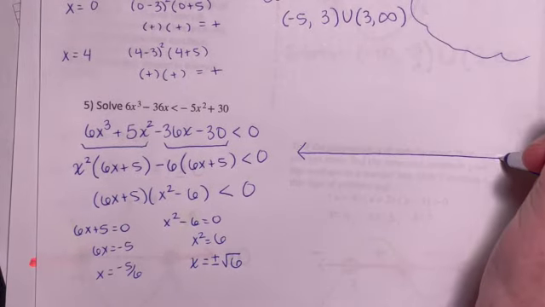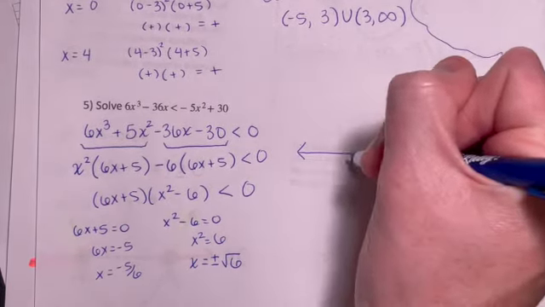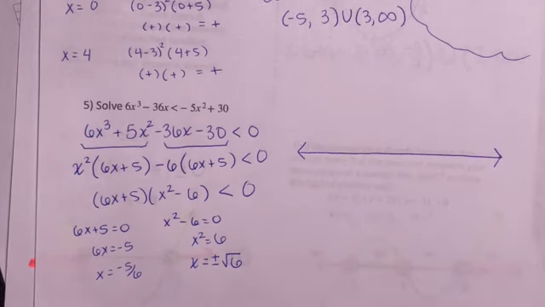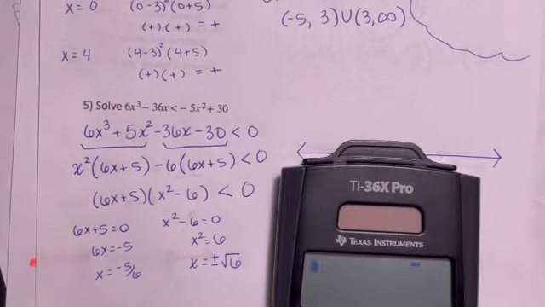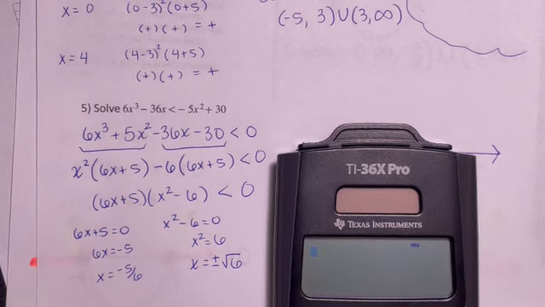All right, we find them on our real number line, but I need to determine where the square root of negative, or the square root of 6, is. So if we find the decimal equivalent of the square root of 6, it's roughly 2.4, and so negative square root of 6 is going to be -2.4.